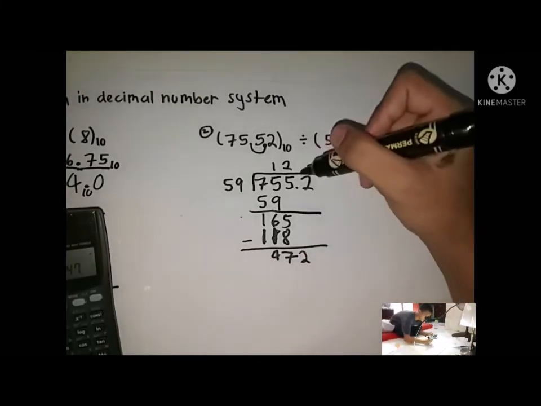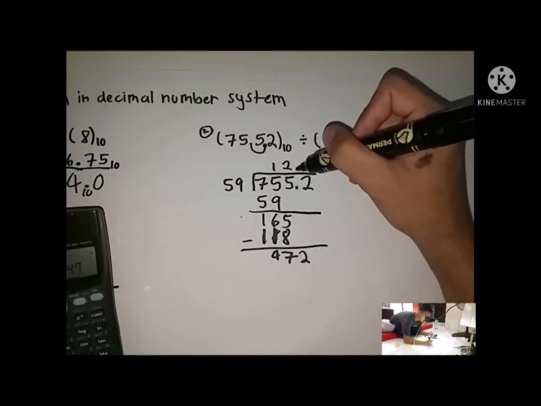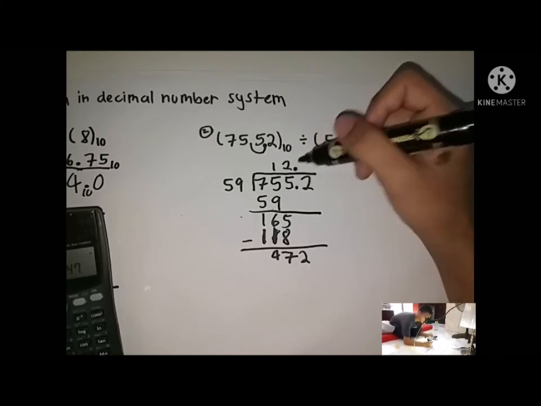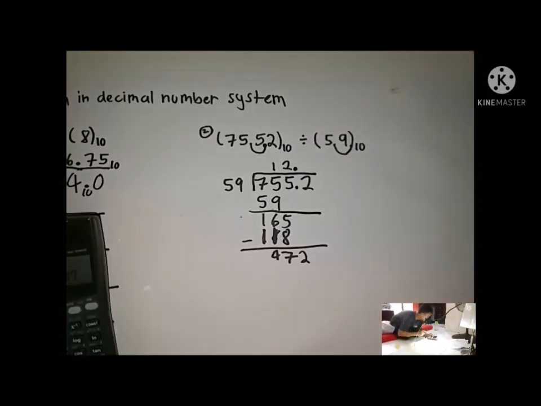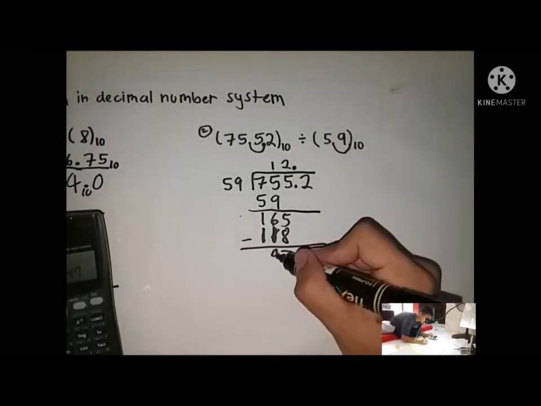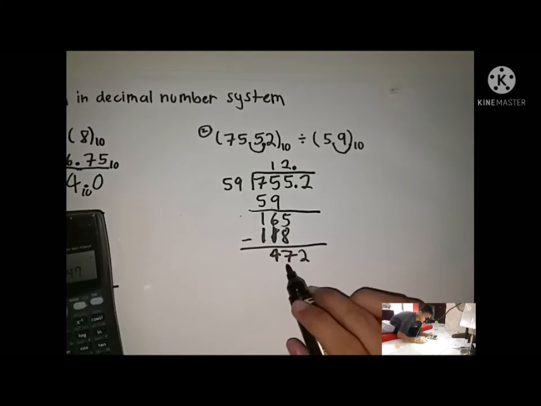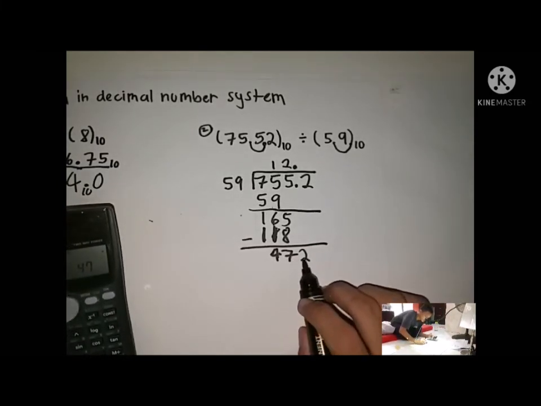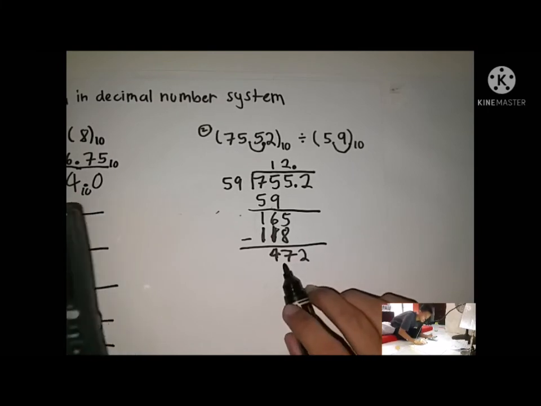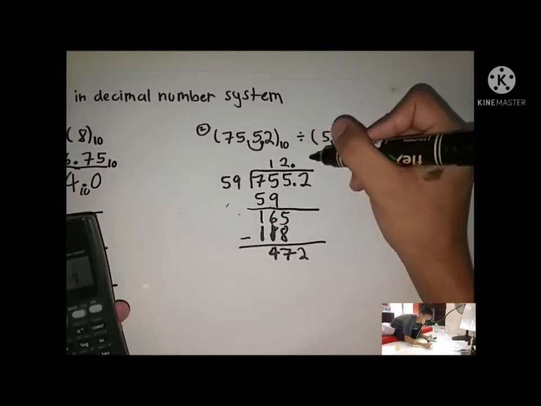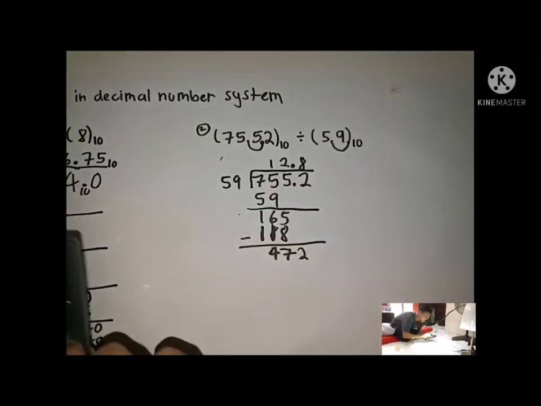So we must put the point in the quotient here. So we must divide 472 by 59, so it gives us a 8.